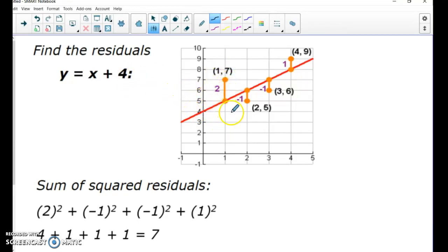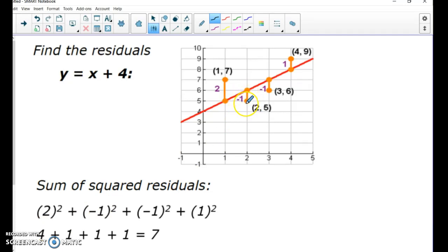What we're going to do is compare the sum of squared residuals. These residuals are the distance from the point to the line of best fit. So this would be a value of 2. We're going to square that. Down here you can see we've squared 2 and gotten the product 4. We're going to take the residual -1.